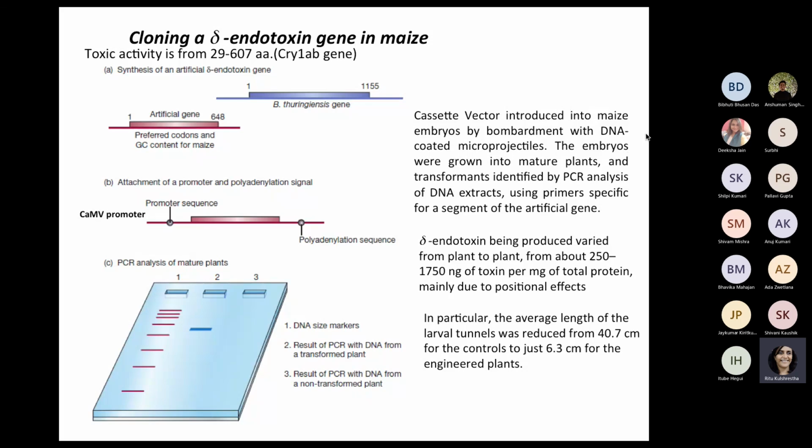So finally, we got various transgenic plants, and then these transgenic plants have to be screened. Why do they have to be screened? Because there is a possibility that when you bombard or introduce your DNA cassette into plants, that cassette may get incorporated at various places in the whole genome.